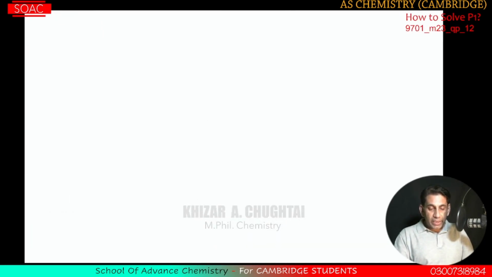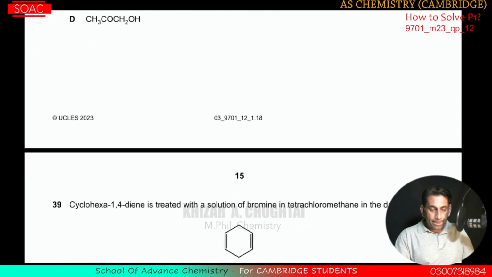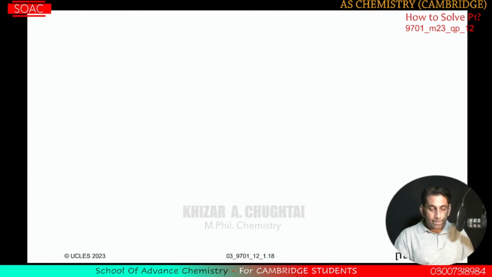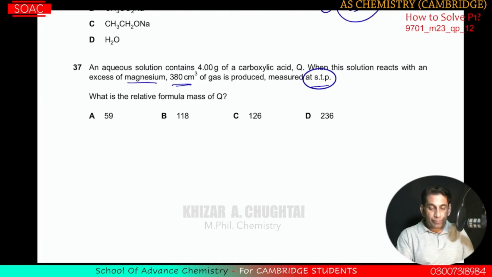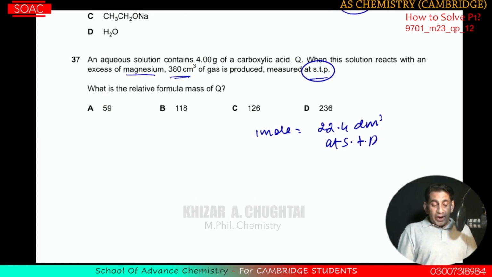So this time I'm using the STP formula. Basically, 1 mole is equal to 22.4 dm cube at STP. We are having hydrogen gas.